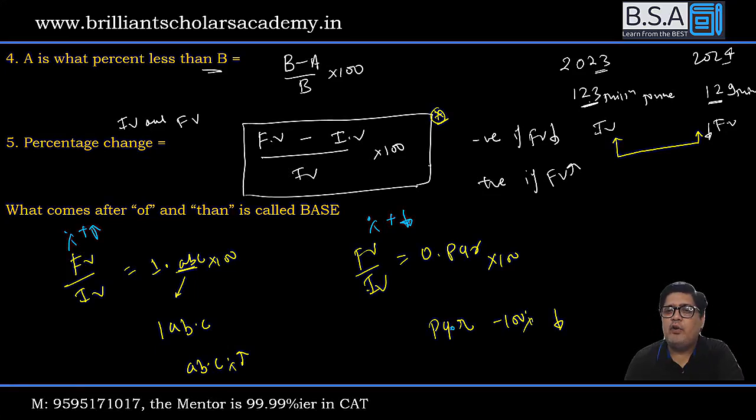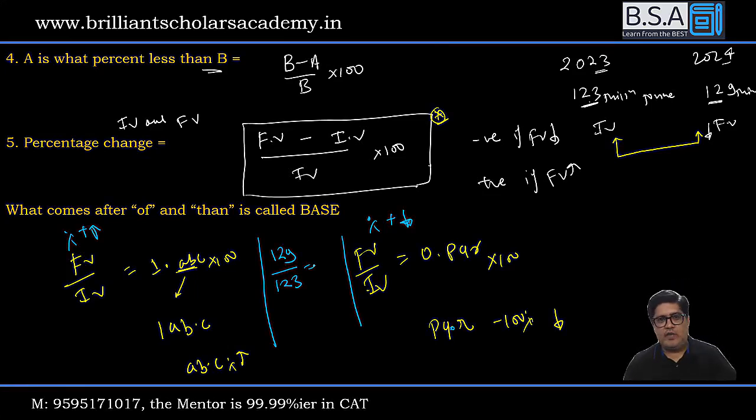Now, I want you to simply divide 129 by 123. Here's the example. Here I'm dividing. 129 is the final value upon 123, the initial value. So let me also do this along with you. 129 by 123.